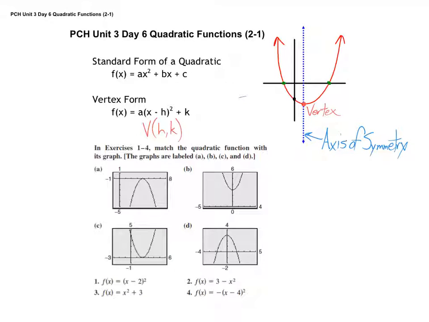So its equation is going to be what? What's the equation of the axis of symmetry? X equals h. Very good. It always has to equal h because it's always got to hit the vertex, so its x coordinate is h. Therefore, it's the line x equals h.